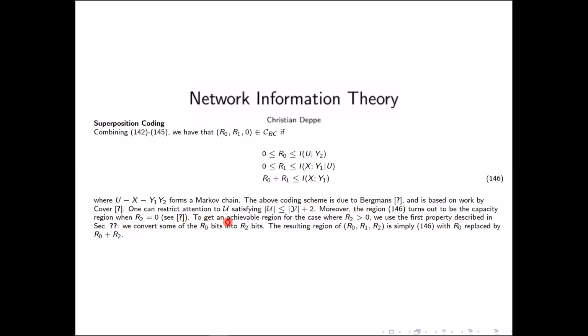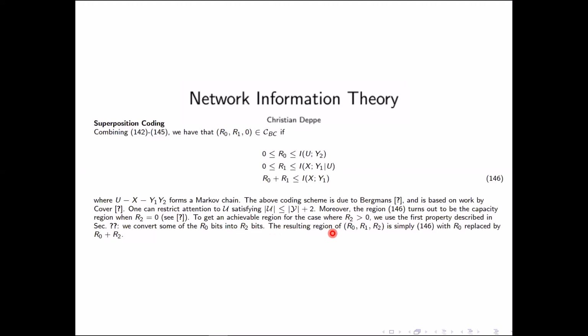Now to speak about the case where R2 is greater than 0, I remind you of our survey: we can use some bits of the common message just for the dedicated message of R2. So we can just take 1 minus alpha times R2 and alpha times R0 and alpha times R2, like in the property I described in the survey.